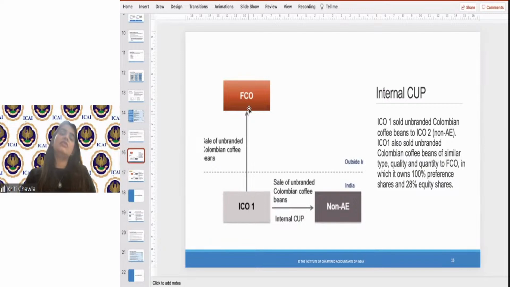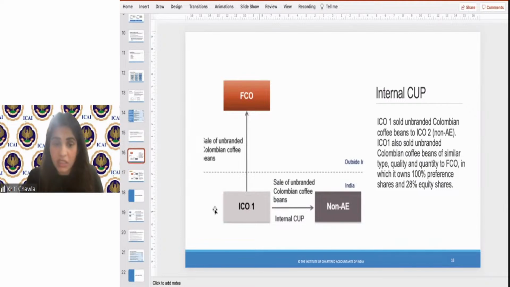So we can say that to substantiate this transaction at ALP, we're using CUP. What price are you using? Well, this company is also selling to another party, and we can use this particular price as the CUP. So this is called internal CUP. Why is it called internal? Because this company is supplying to a related party and is also supplying to a non-related party.